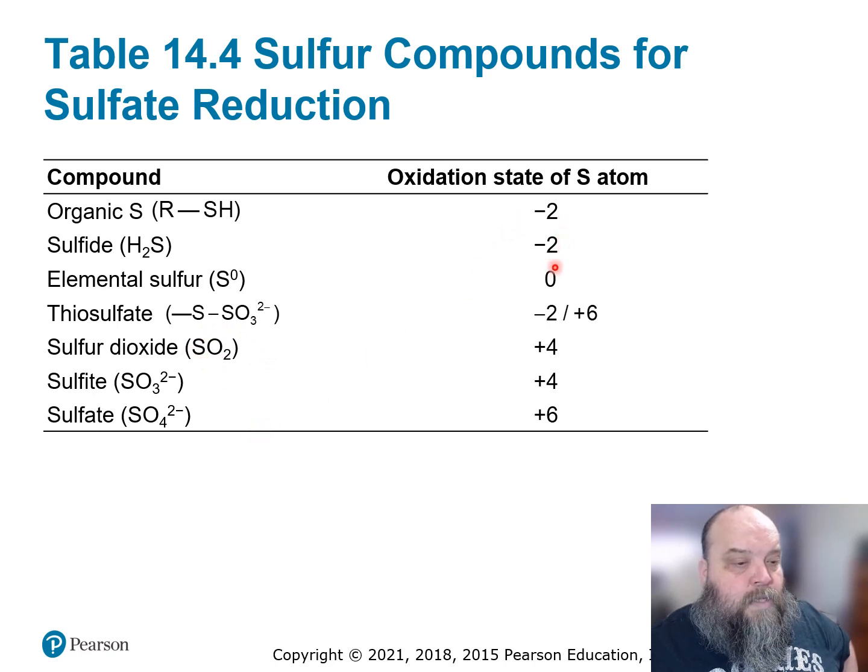As we go through, we see that the oxidation state, what energy state this sulfur atom is at, changes. When you're going from one to another, how far apart are they? It also tells us how much energy could potentially be there.